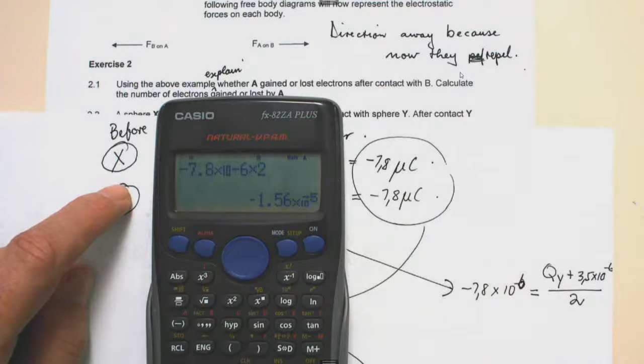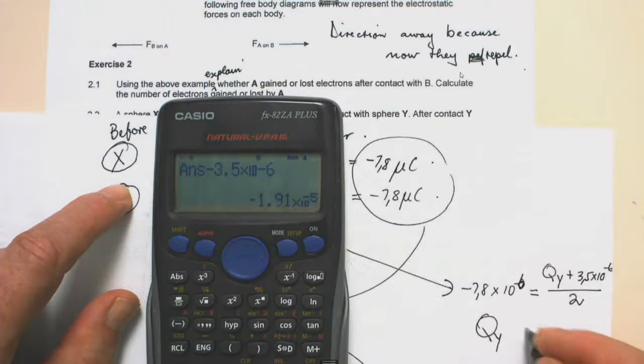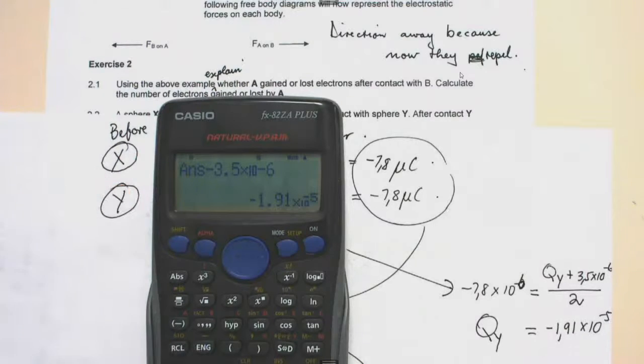So it will be minus 3.5 multiplied by 10 to the power minus 6 equals, and there is my answer. Qy is equal to negative 1.91 times 10 to the power minus 5. Okay, and it will be Coulomb.